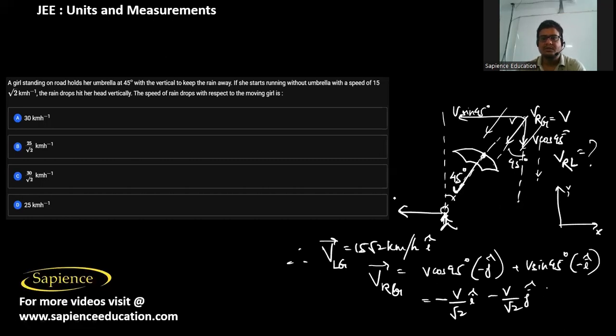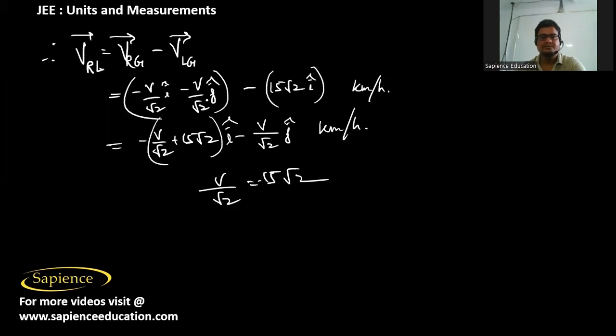She will run like this, VLG is 15 root 2 kilometer per hour, along minus i cap. So therefore, V will be equal to 15 into 2 kilometer per hour, that is 30 kilometer per hour.